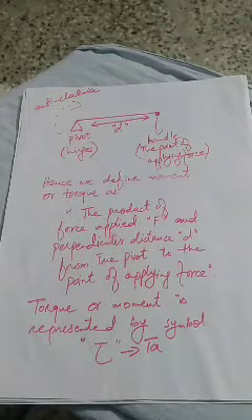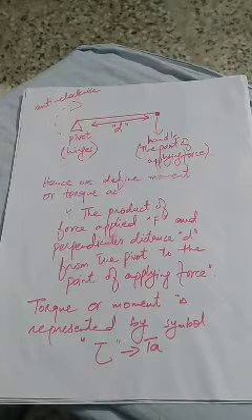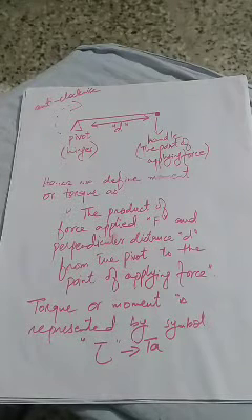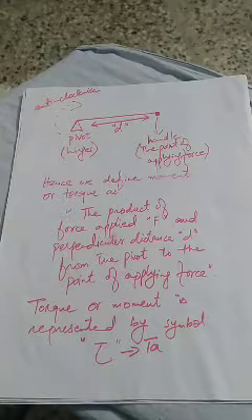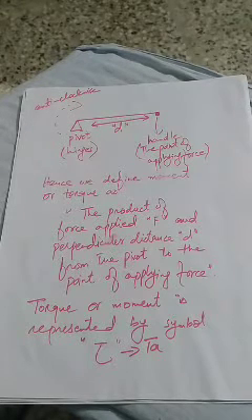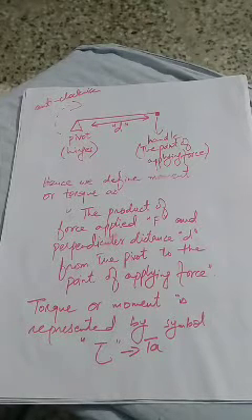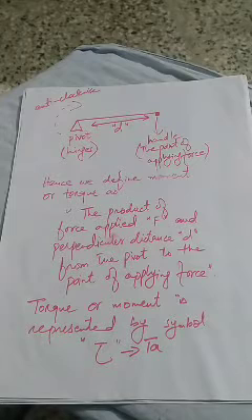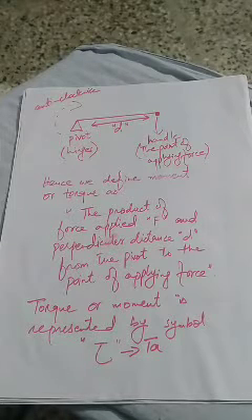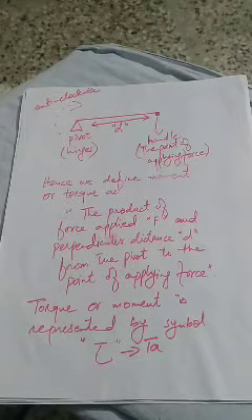I have named it D. The rotation here will be in the anti-clockwise direction. So by looking at this diagram, we can define the moment of force: the product of force applied F and perpendicular distance D from the pivot to the point of applying force.